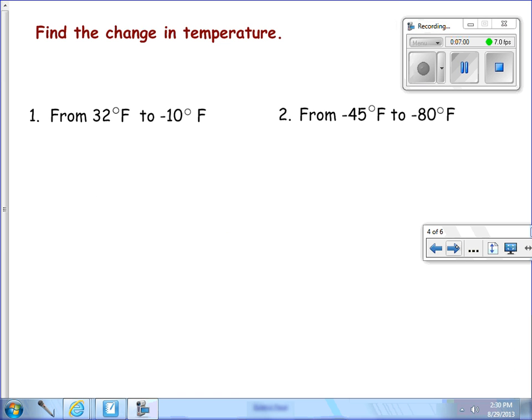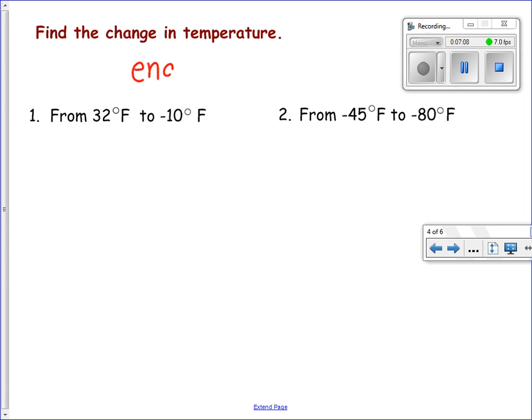Now we're going to use the same technique to find the change in temperature. As we find the change in temperature, you're going to begin your equation with the ending temperature and subtract the starting temperature.